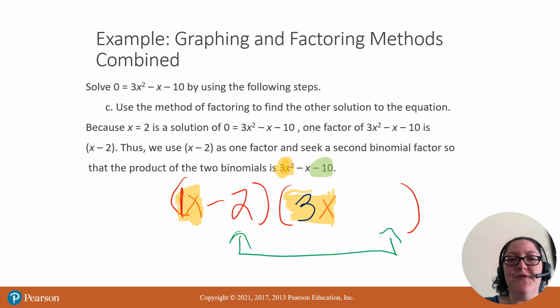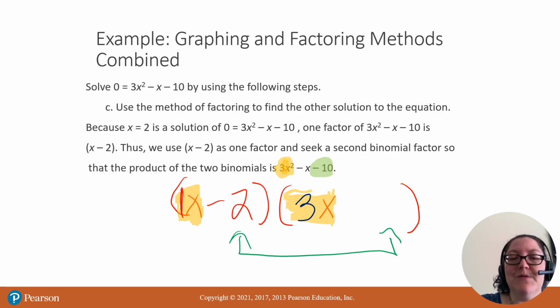The first two multiply to be the first number, and the last two multiply to be the last number. But it's the O and I of the FOIL method that gives me the middle number, and that's where we do our little sneaky AC method part. But we can totally work backwards this way.